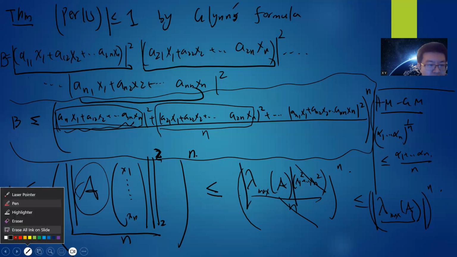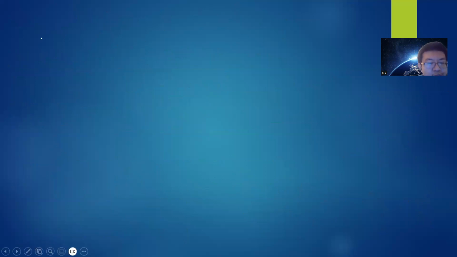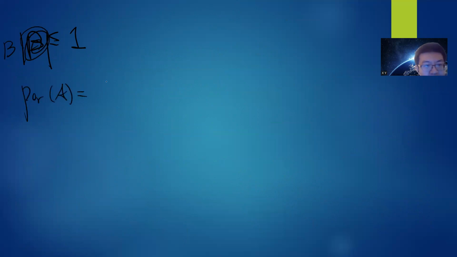After this tedious work, we should prove that the absolute value of B is less than or equal to 1. Okay, sorry, B is less than or equal to 1. So the permanent of A is the exponential value of x1 up to xn.